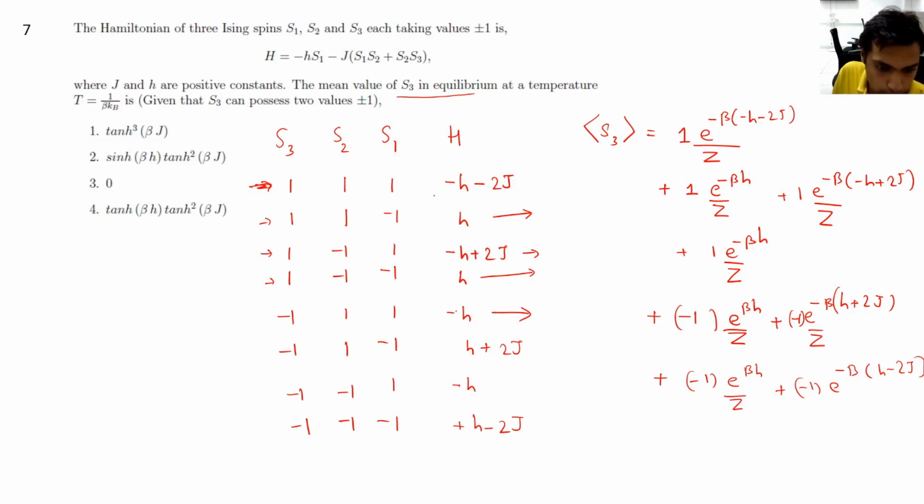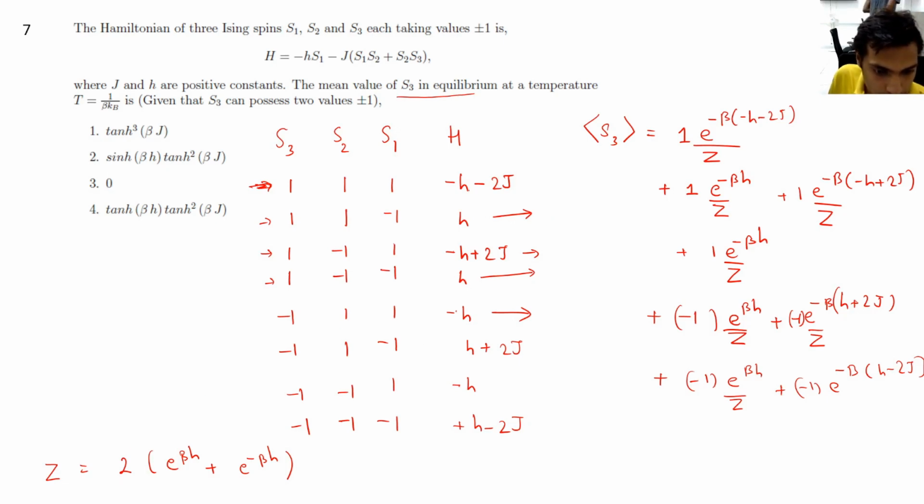So the partition function Z equals, you see there are 4 terms, e to the power beta h and e to the power minus beta h, so it will be 2 times e to the power beta h plus e to the power minus beta h. So these 4 terms are taken care of.